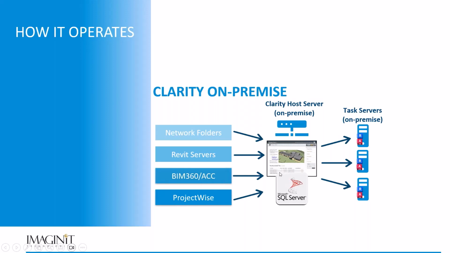The work that needs to get done gets sent off to machines on your own network that have Revit or AutoCAD installed on them, and the work gets done in the background. Whether it's on demand or in the middle of the night, it's taking care of those manual repetitive tasks for you.